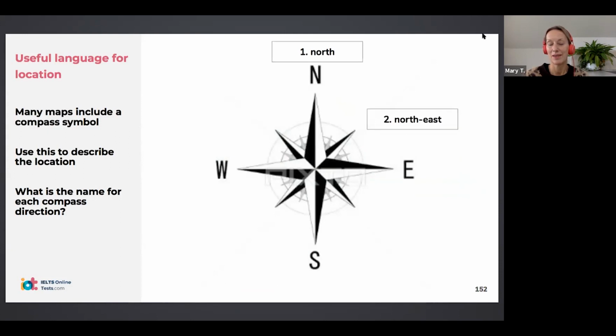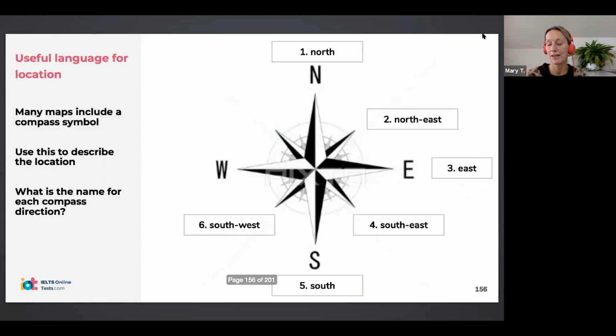And then we'll look at actually all of them. So northeast, the next one, east, that's right. Next one. Yep, southeast, that's right. South, next one. Southwest, yes, and west and northwest, yeah.